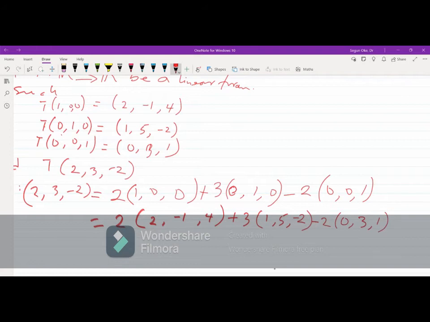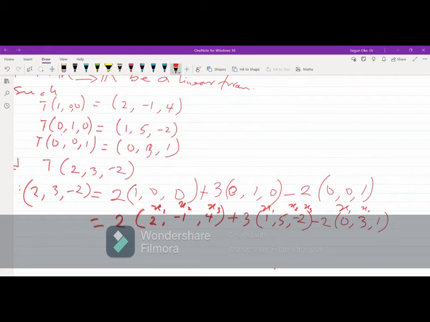Now, how do we solve it? We need to multiply it. Now, you have to be careful here. Note that this is x1, x2, x3. I just try to distinguish it.